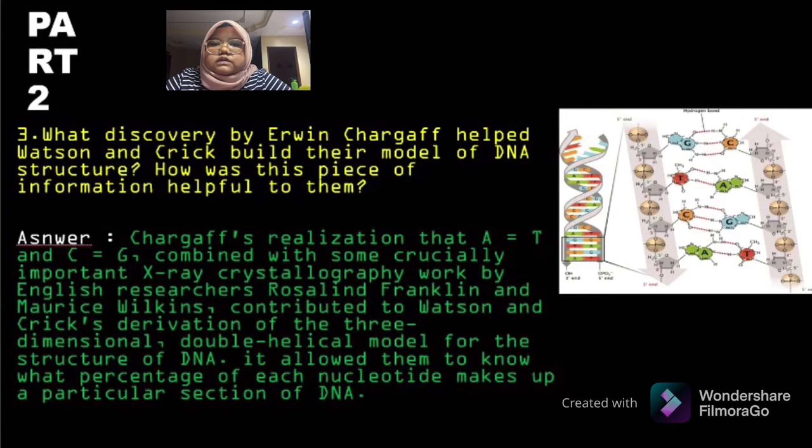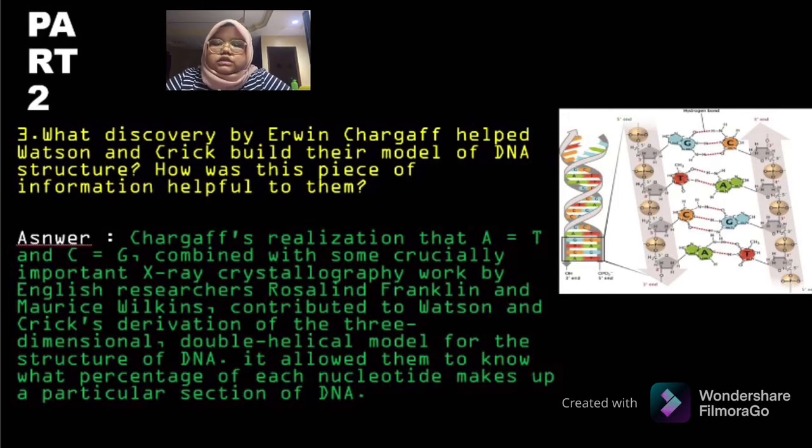Chargaff's realization that A equals T and C equals G, combined with some crucially important X-ray crystallography work by English researchers Rosalind Franklin and Maurice Wilkins, contributed to Watson and Crick's derivation of the 3-dimensional double helical model for the structure of DNA. It allowed them to know what percentage of each nucleotide makes up a particular section of DNA.